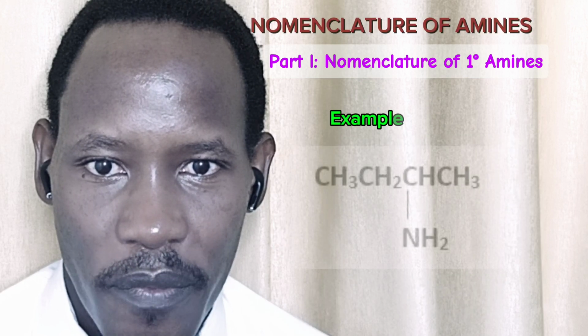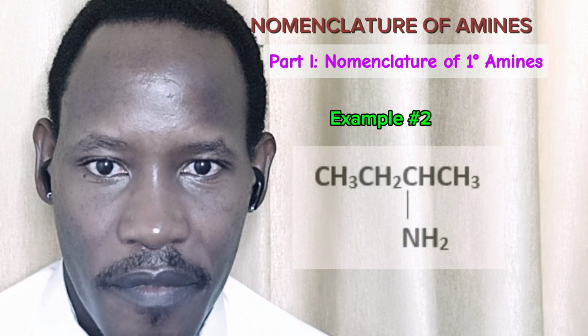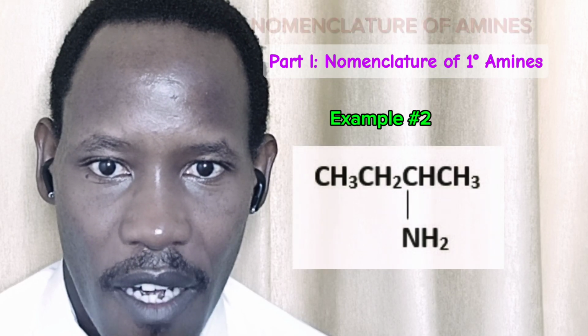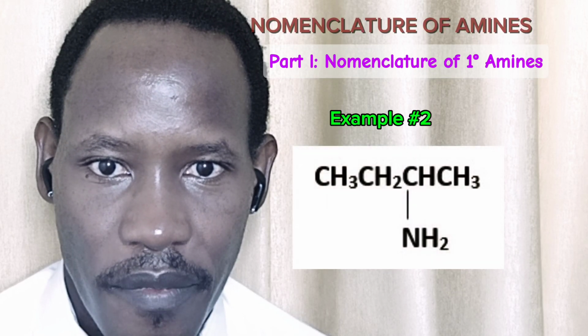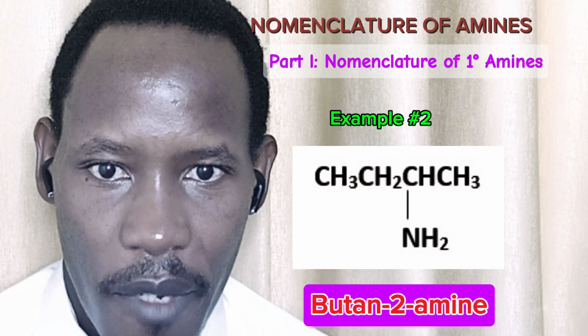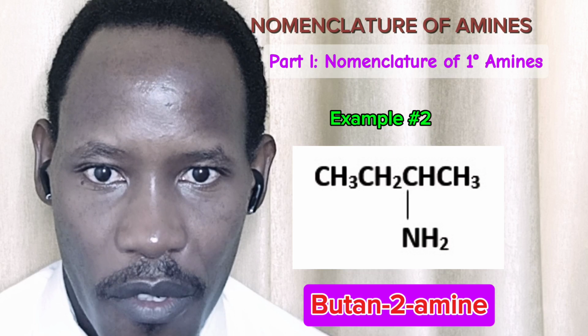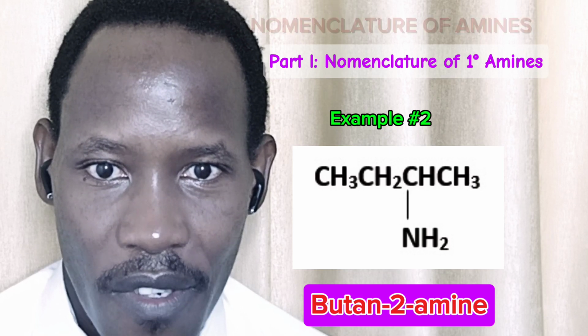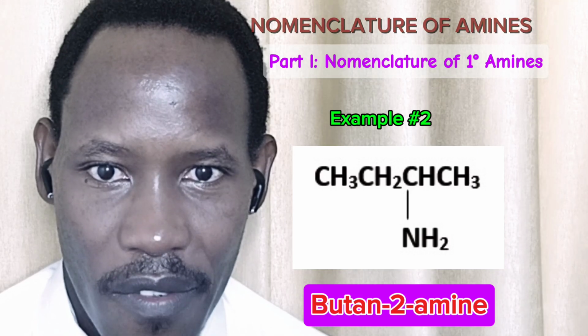The second example displayed above, according to the format, has an IUPAC name of butan-2-amine, and also notice that the amino group is on the second carbon atom.